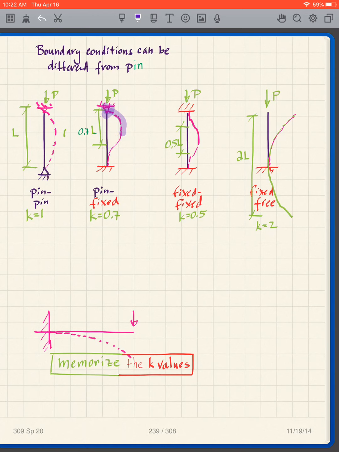If we look at it, we get this sine curve, but the sine curve is over a distance of 0.7 L. And so we have K equals 0.7. In our original one, this whole thing was a sine curve. That's why we had K equals 1. So when K is equal to 0.7, we can think of it having an effective length of 0.7 L.